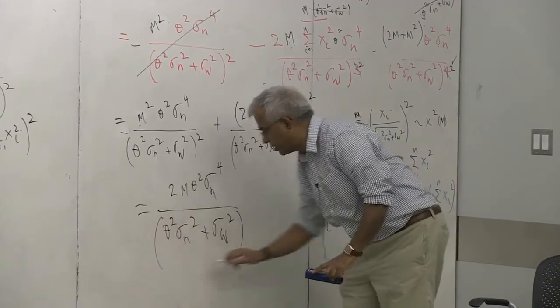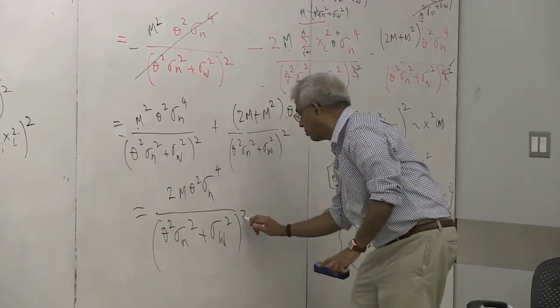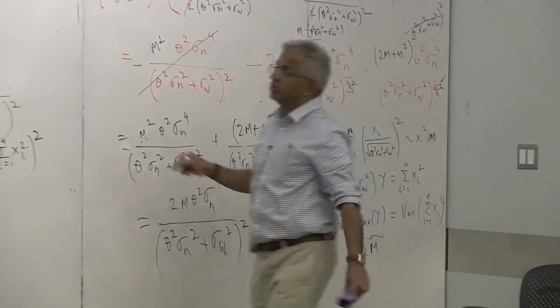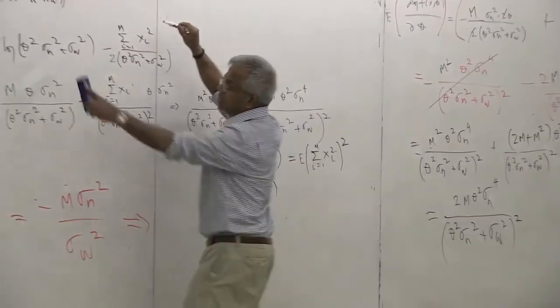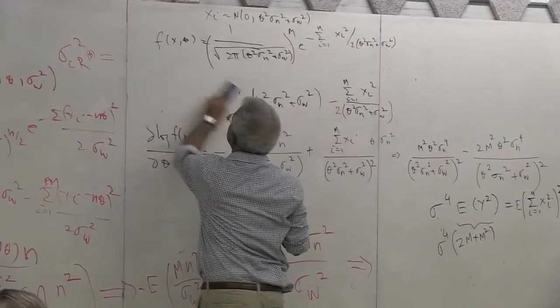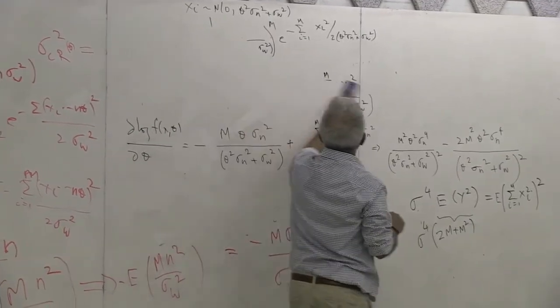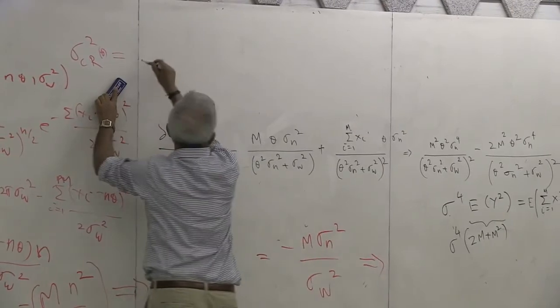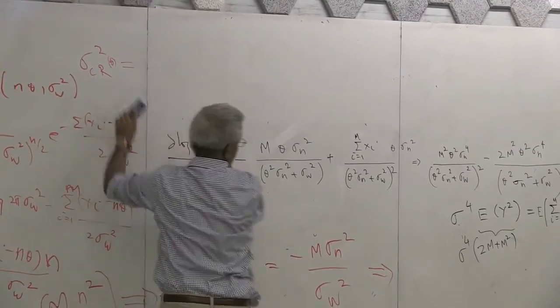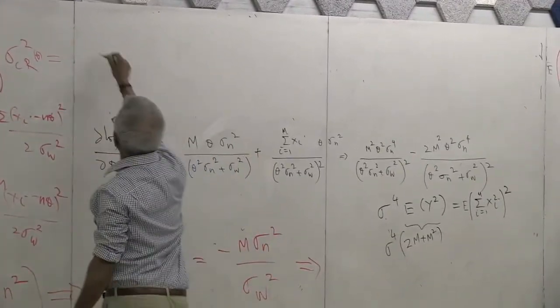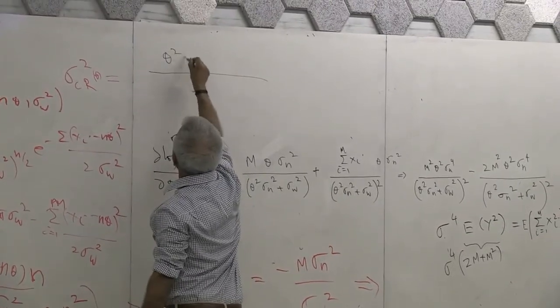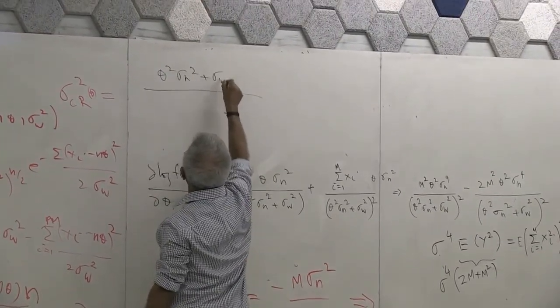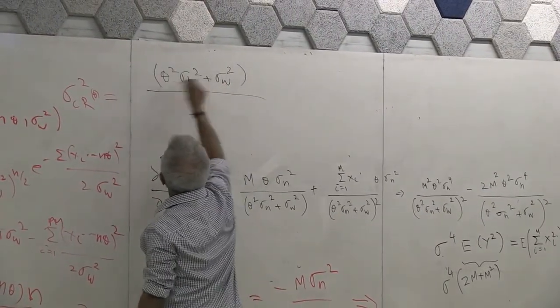So this problem by itself, you should redo this at home. So this is the expected value. So the Cramer Rao bound here turns out to be 1 over that quantity. So this will turn out to be theta squared sigma n squared plus sigma w squared over the above.